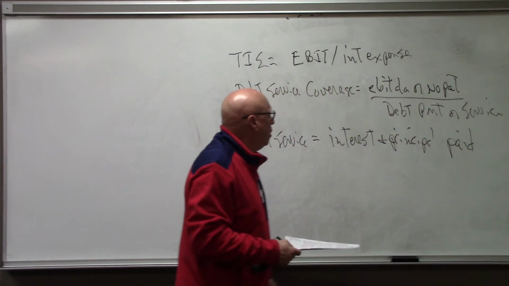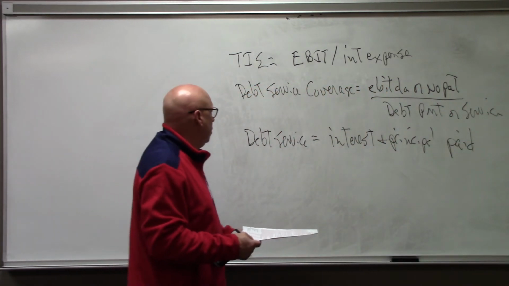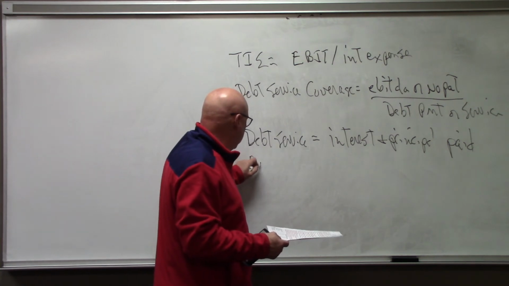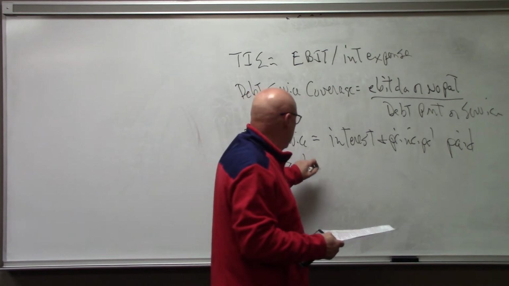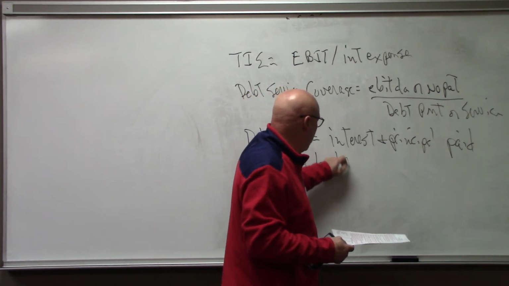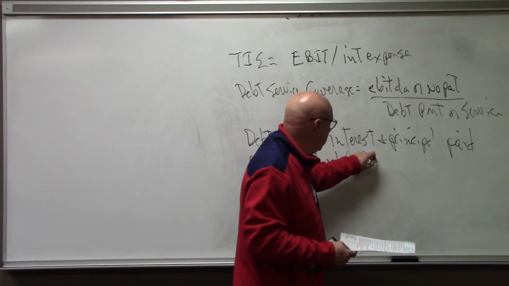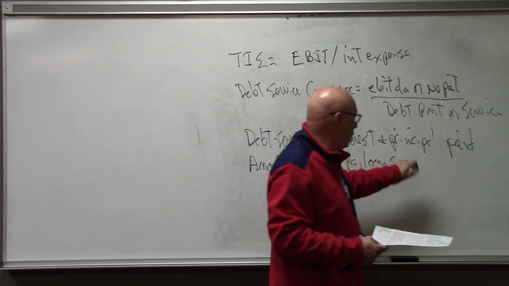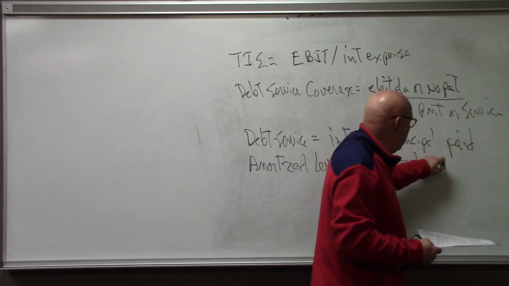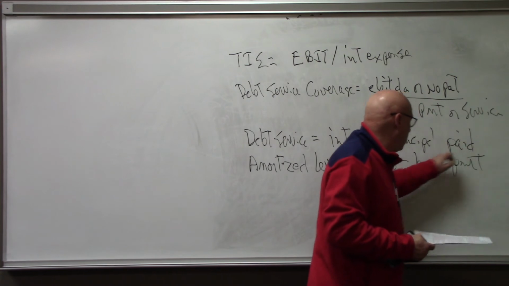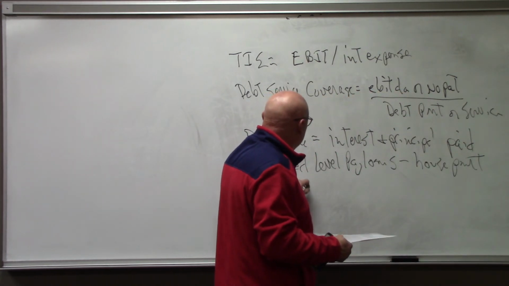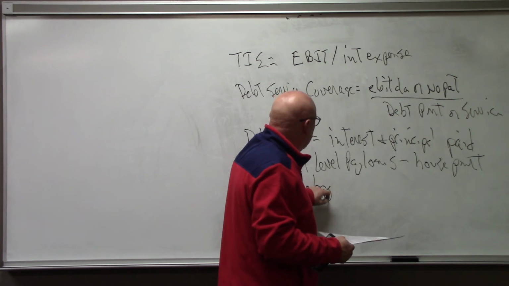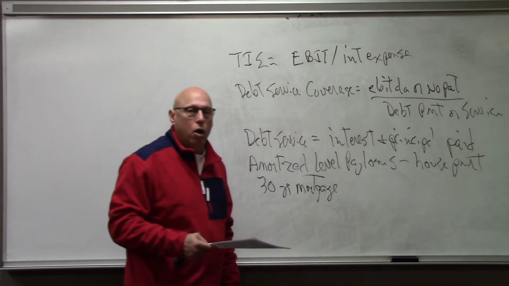So, there are these types of loans that are called amortized loans. Amortized level pay loans. Like a house payment. So, you've got a 30-year mortgage. That's the standard length of time that banks will loan on a home loan.